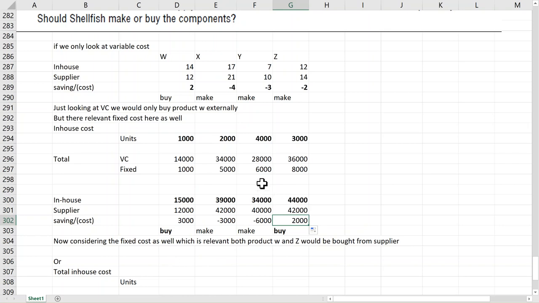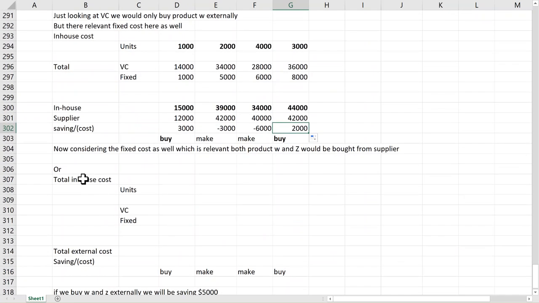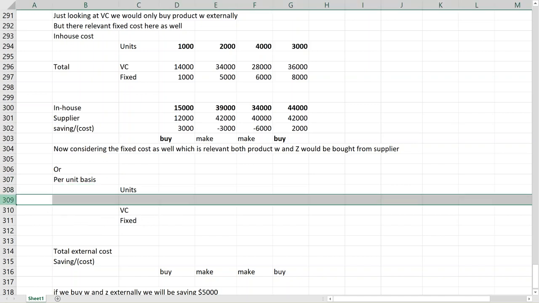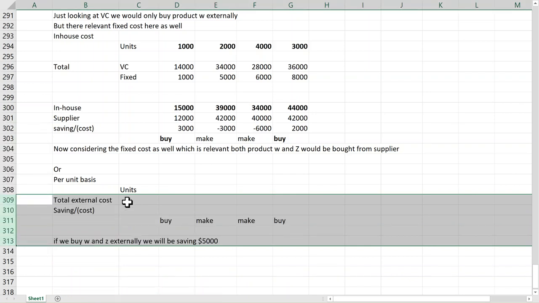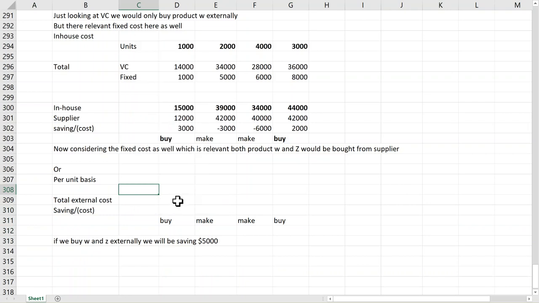If we find per unit, I will delete this part. Because I've already calculated the total, what I will do is I will just divide this by units. So this will be the cost of in-house. So nothing extra needed. So the total cost divided by total units.